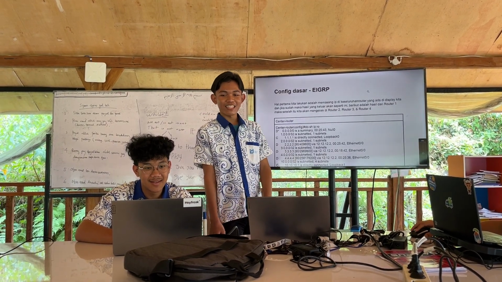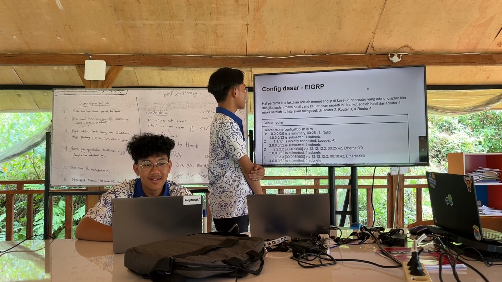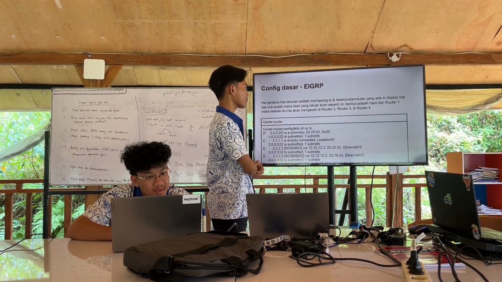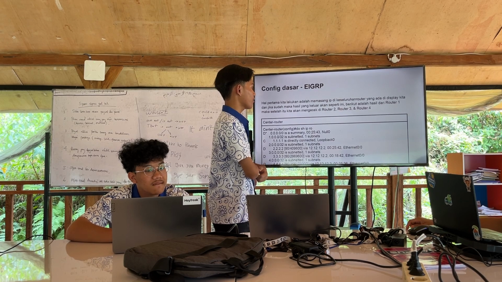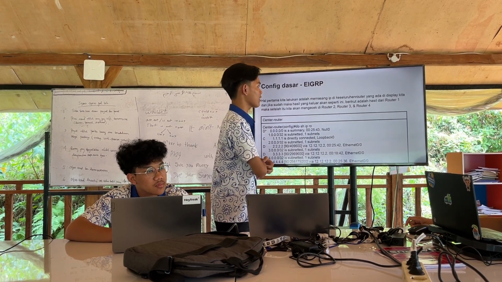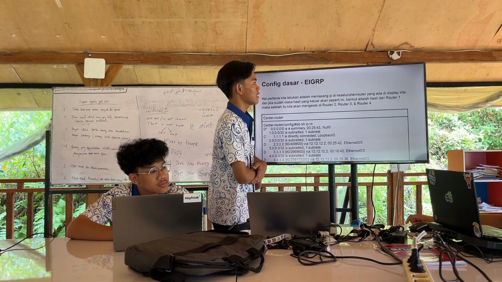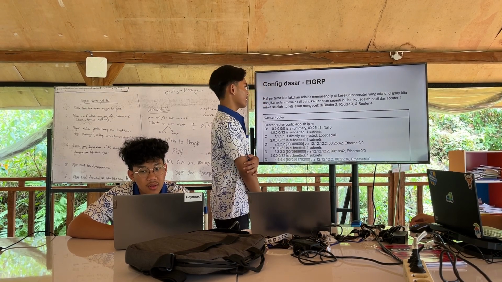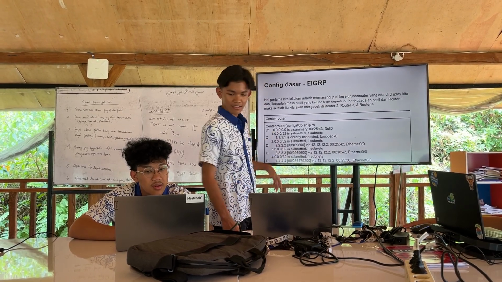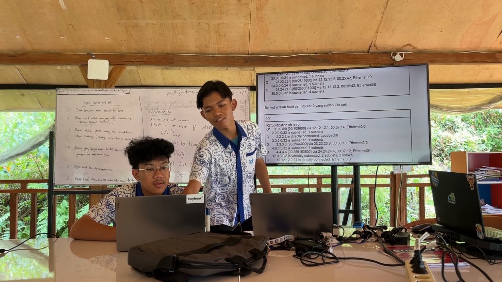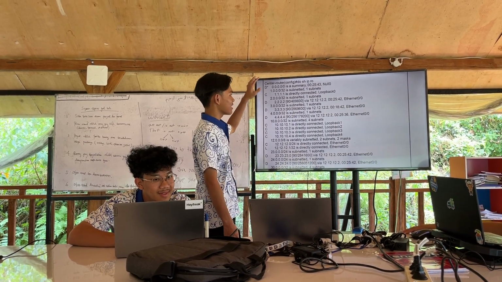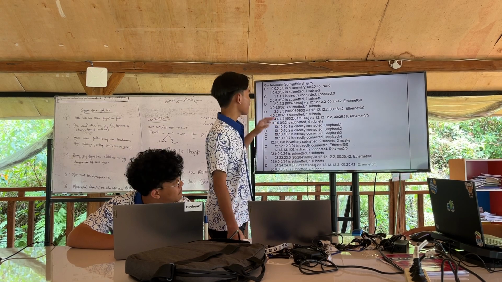Okay, for the basic configuration, AGRP is advertising the IPs at all routers, and the result will be like this, based on the topology.